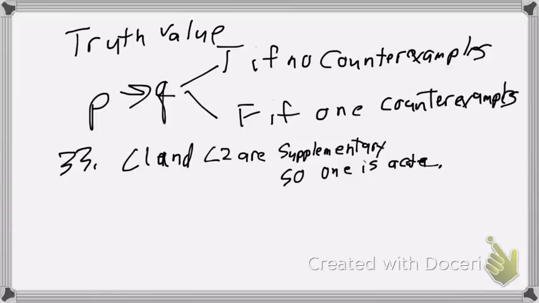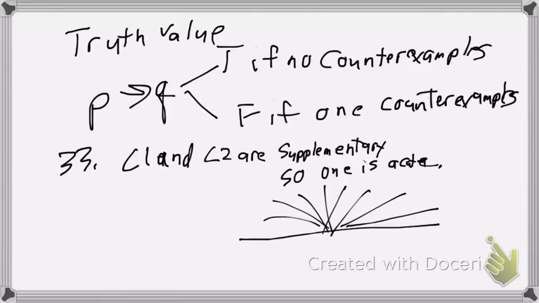If we have a straight line here, so we know that any two supplementary angles equal 180 degrees. And we start here or there or there, we can draw an infinite number of angles. And the vast, vast majority, 99.999%, that statement is going to be true. But there's one example where it's not. And that one example is where you have two 90-degree angles. Now remember, right angles are neither acute nor obtuse.